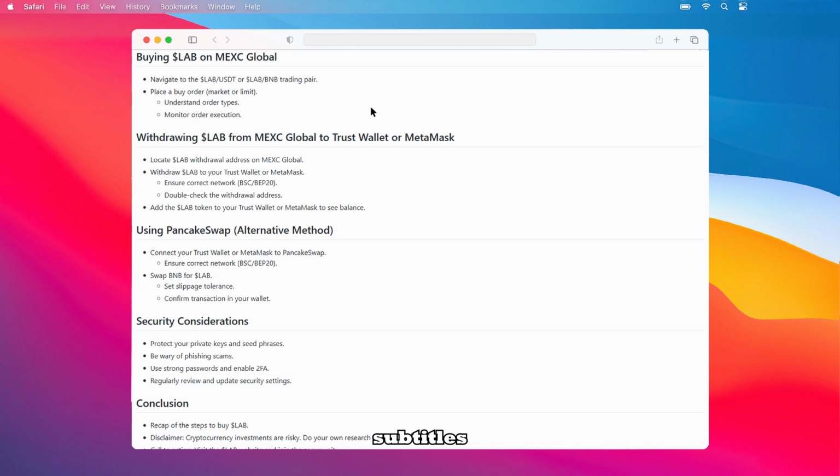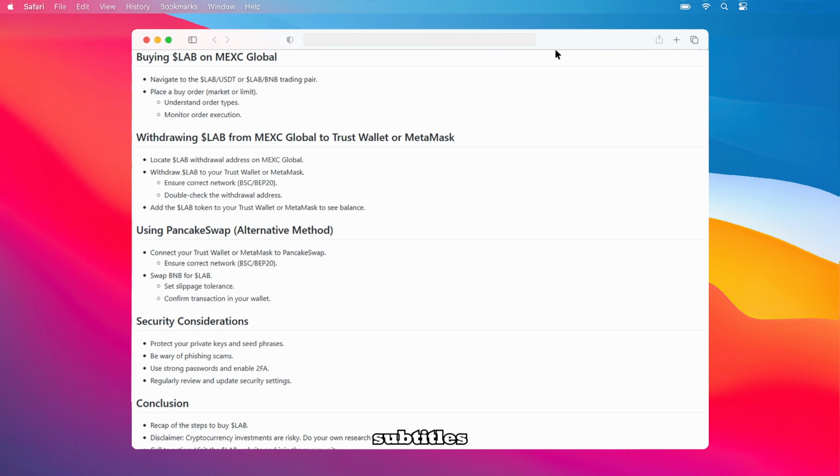Right, let's walk through withdrawing your $LAB tokens from MEXC Global and transferring them to either your Trust Wallet or MetaMask. First, you'll need to find your $LAB withdrawal address directly on the MEXC Global platform. Once you've located that, proceed with withdrawing your $LAB tokens to either your Trust Wallet or MetaMask.